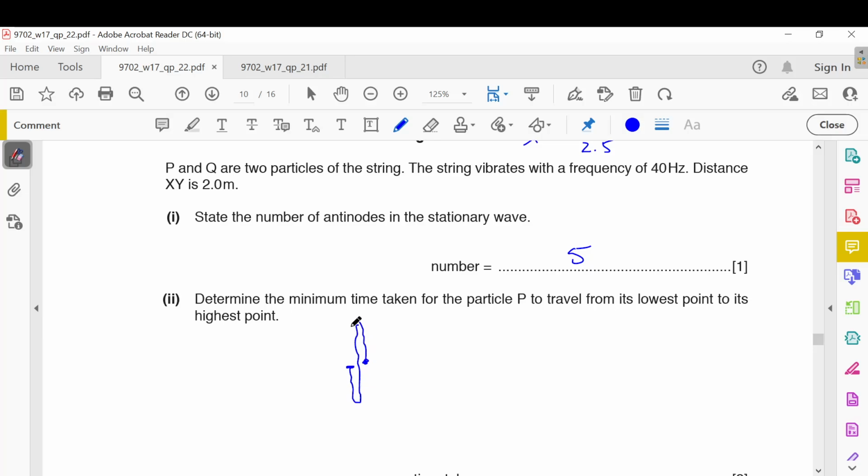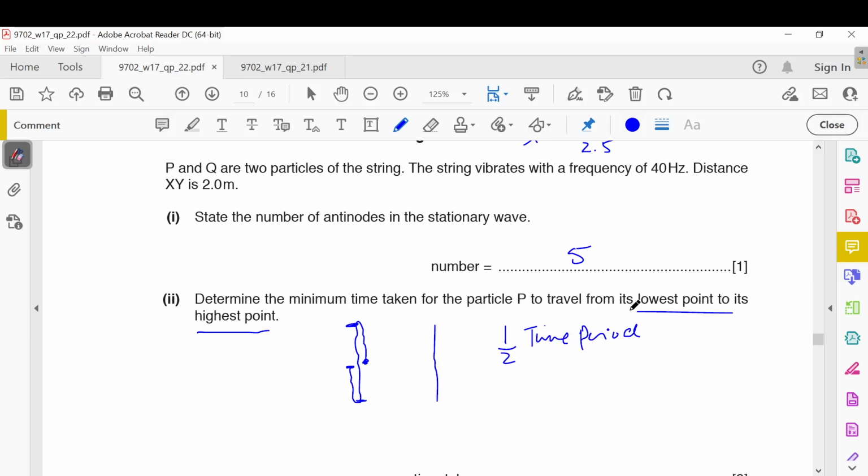But if you are just pointing out up and down, this means you are referring to half of the time period. Lowest point to its highest point means half of the time period, because for the full time period it has to get back to the lowest position.